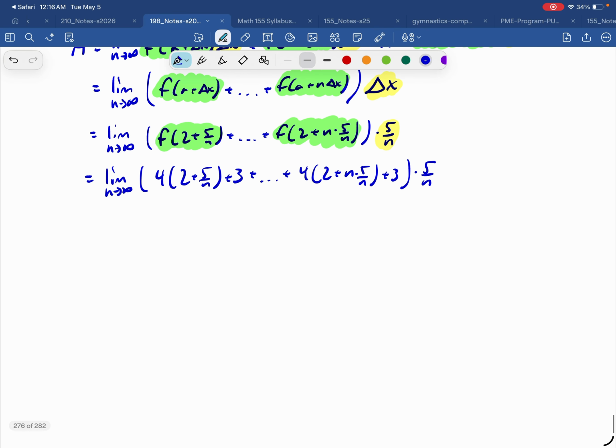A whole bunch of simplification. I'm going to distribute the 4 to the 2 and to the 5 over n. Same thing over here. Just going to do a bunch of that, okay? So we're going to get, let's see, what are we going to get? 8 plus, should I write this 20 over n?